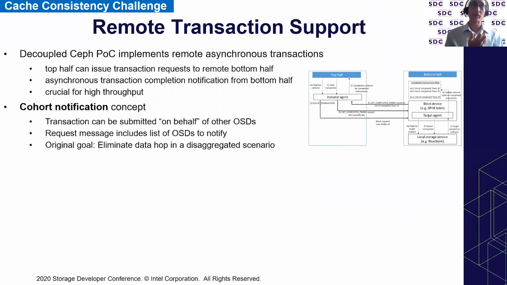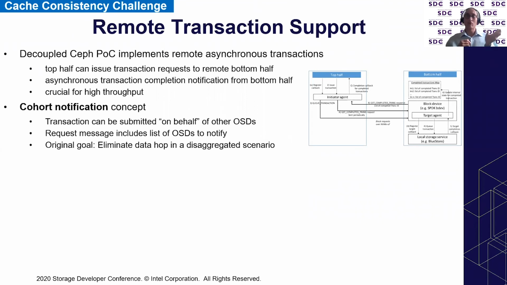Another concept that we had to introduce was that of cohort notifications. Basically, this means a transaction from a top half can be submitted on behalf of other top halves. So one OSD can actually submit a transaction on behalf of another OSD. We do this by adding some information in our transaction request that is sent over to the bottom half, namely the list of OSDs that are interested in receiving a notification when this transaction completes.